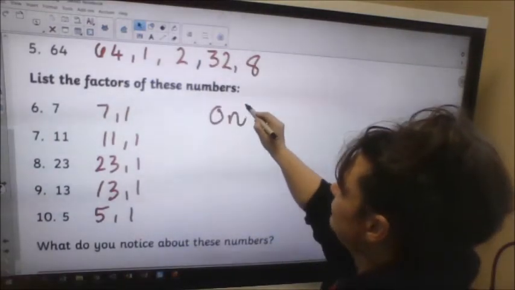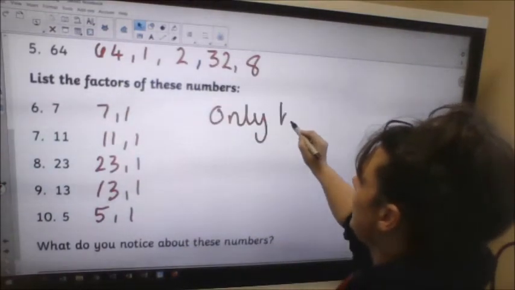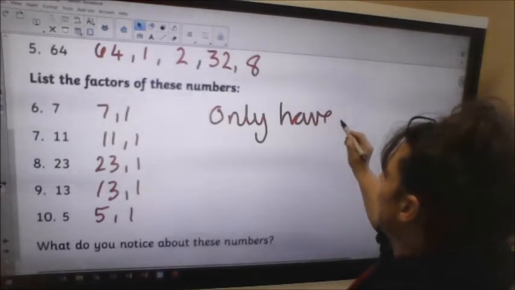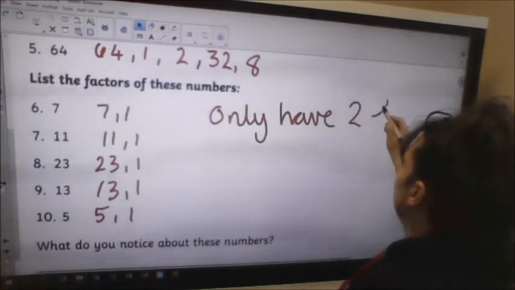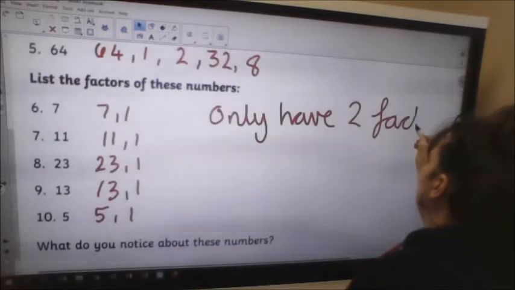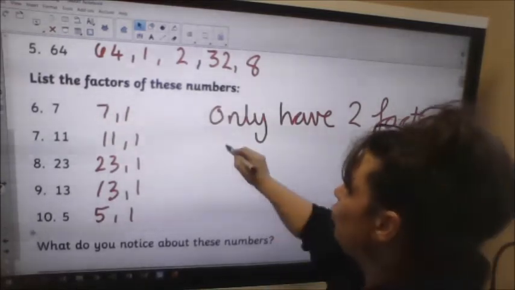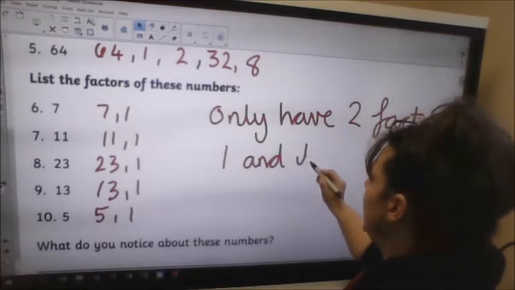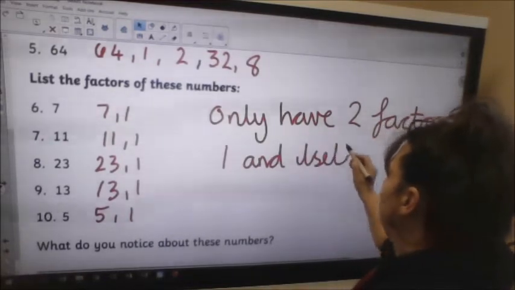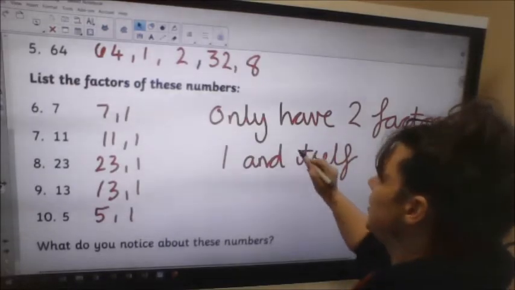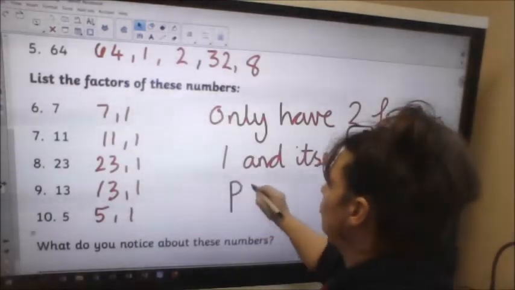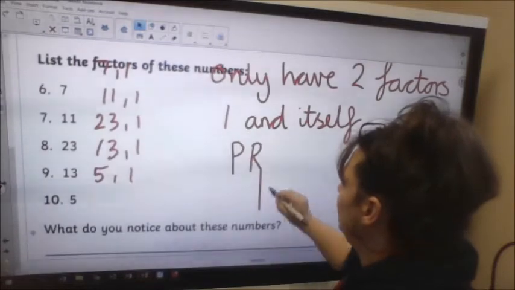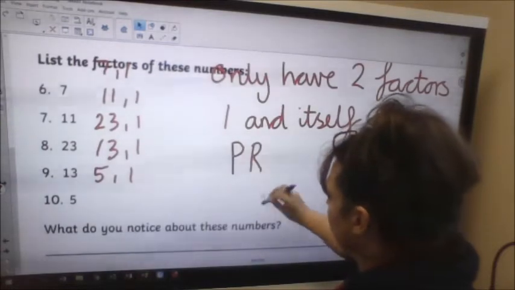They only have 2 factors. That is 1 and itself. And these are called something called special numbers. Whoops. Oh, it went all over the place.